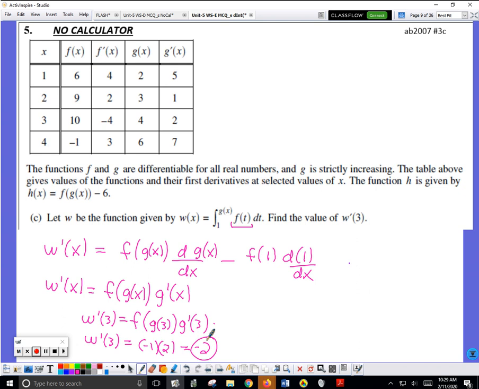This portion will be given at the very start of the FRQ. The FRQ comes in a booklet. The part I just showed you is the very first thing you read, and it's always just information, never a question. Then parts A, B, C, and D will start using this information. It's really rare, hardly ever, that you don't use everything. So this is likely used in parts A, B, or D, and then this was part C.